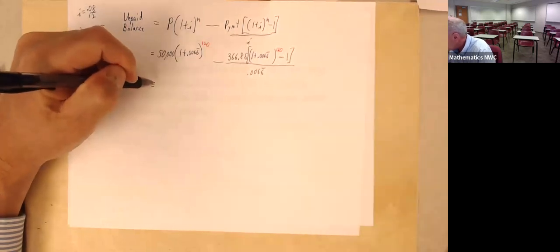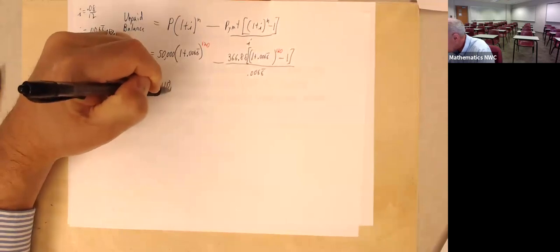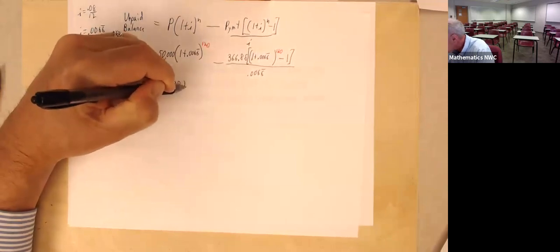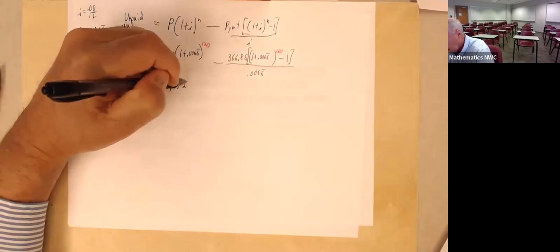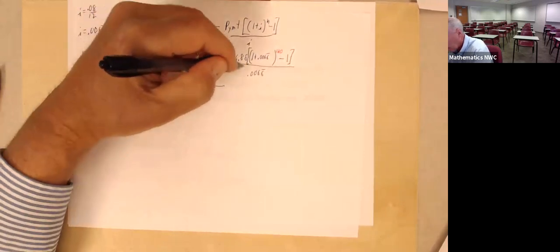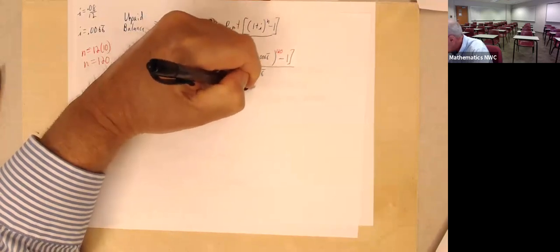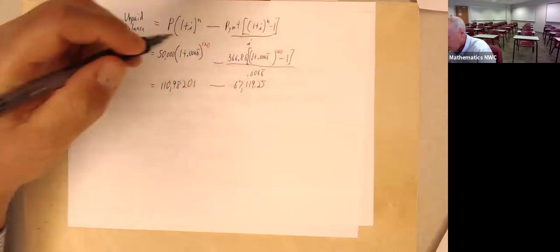When you do that, the first one will be 110,982.01, I believe. This one, when you calculate it out, will be 67,119.25.